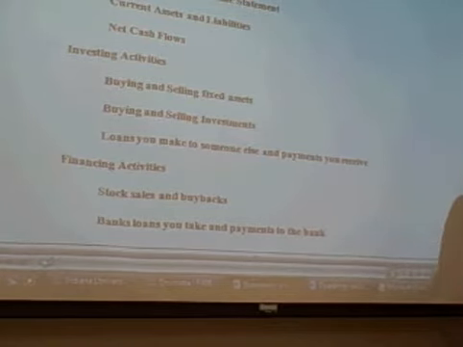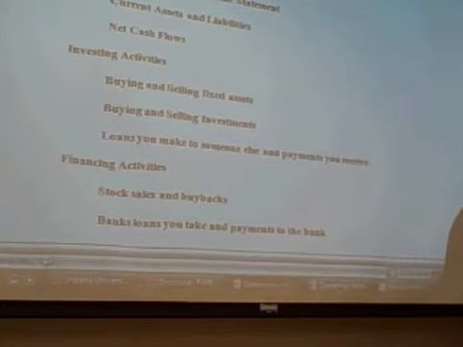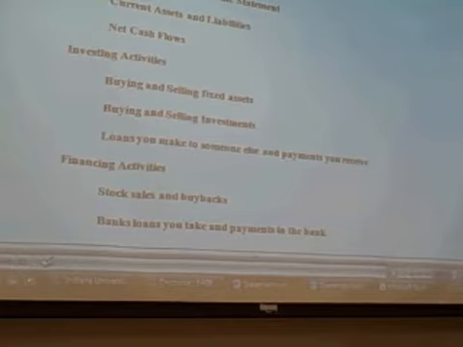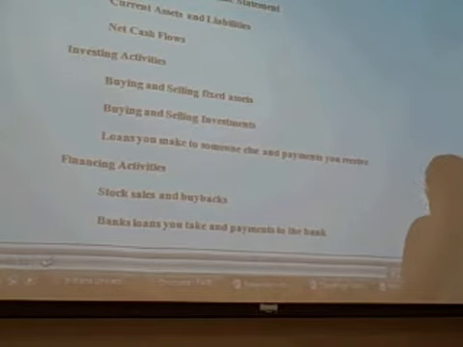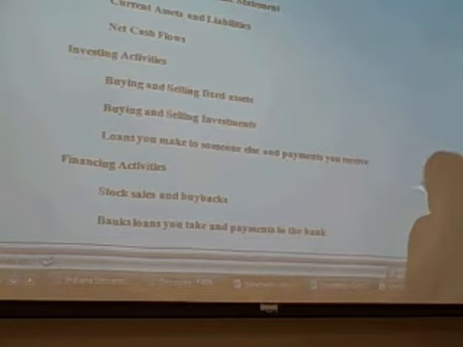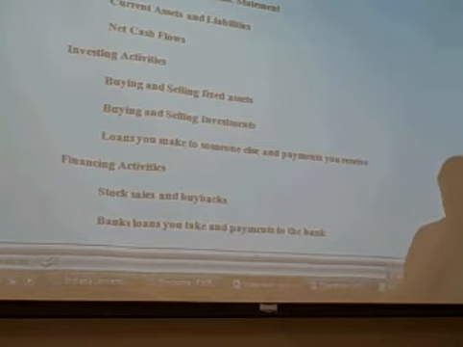The next section is the investing section, investing activities, and that involves 3 separate things. Okay? First is buying and selling fixed assets. If you buy them, it's going to use up your cash. If you sell them, that's going to generate cash. It also involves buying and selling investments.